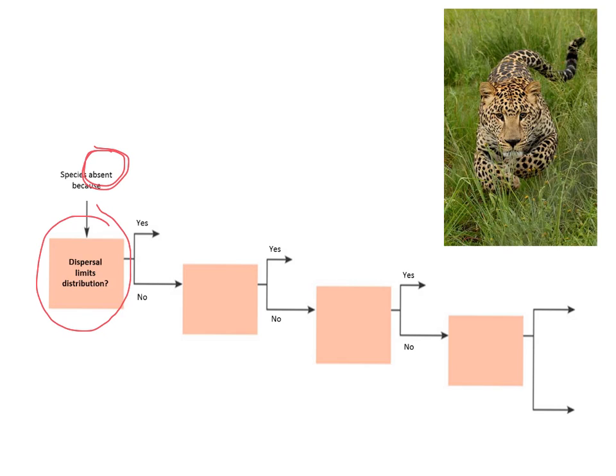Does dispersal limit distribution? If it does, then that means the area was inaccessible. Maybe, for instance, with the leopard, it couldn't get over some mountains, or there was a large body of water, or they spent insufficient time. With plate tectonics and the shifting, the leopards were not able to spread that fast.